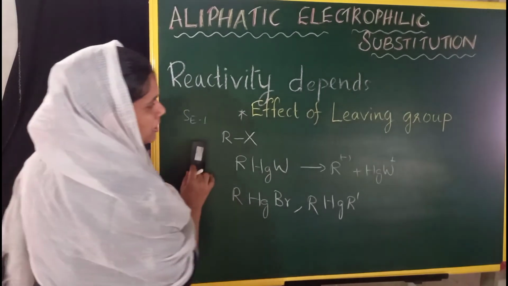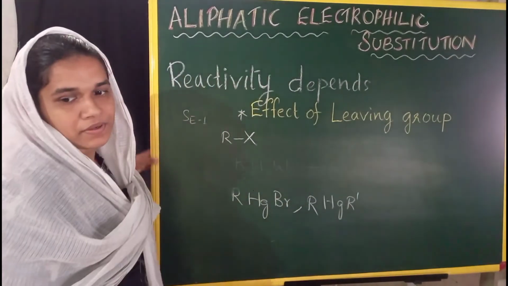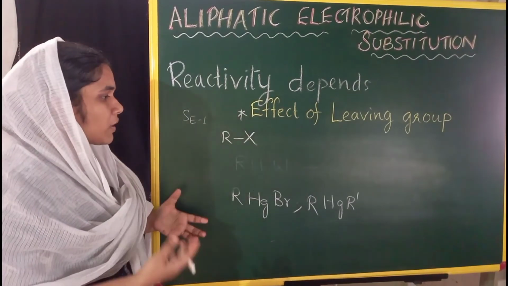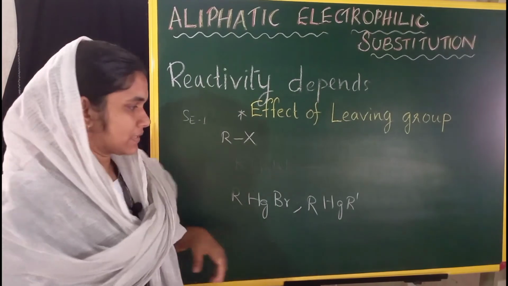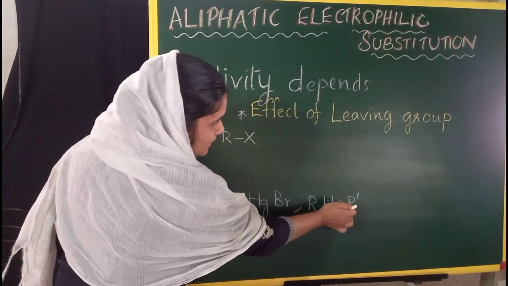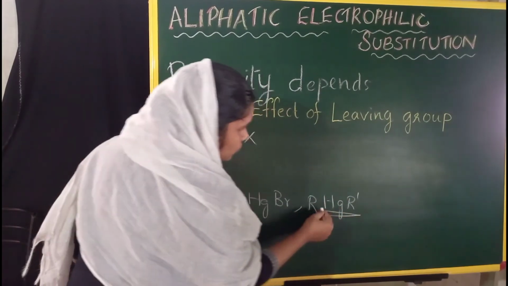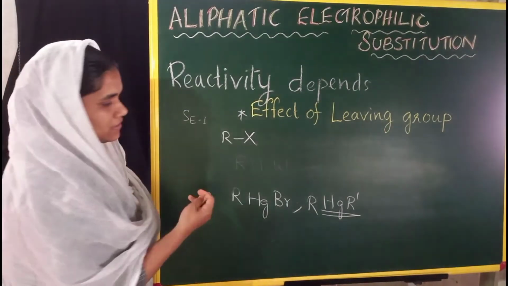If we vary this alkyl group, like ethyl, methyl, propyl, isobutyl, etc., then as the branching increases, the stabilization also increases. Here we are actually varying the leaving group, that is, R' is varied.